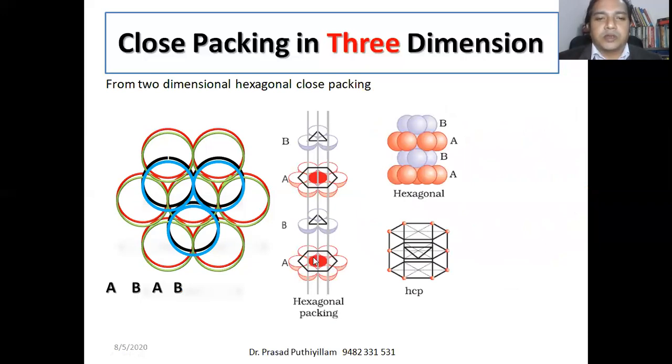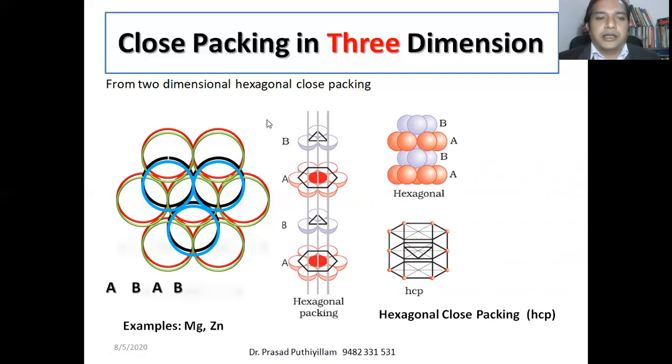This is the arrangement: the first 6 atoms, then I arrange 3, then again 6, and 7, then another 3 arranged. It will be hexagonal close packed. Therefore, the AB type in 3 dimensions from a 2-dimensional hexagonal close packing gives us a hexagonal close packed structure, that is HCP.